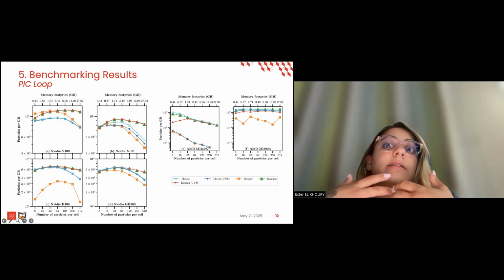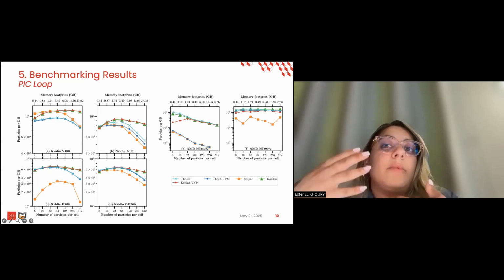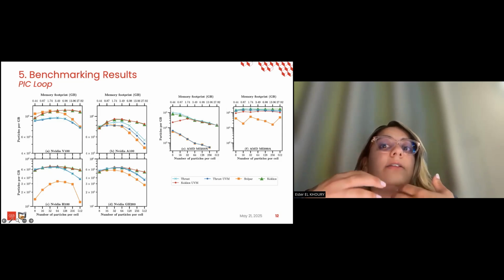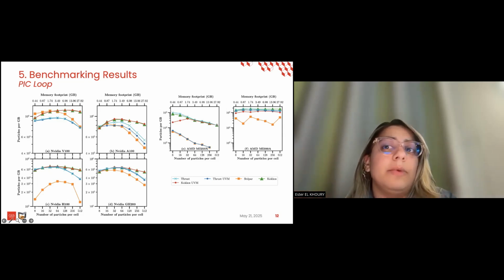This can lead us to say that on MI250X, the UVM handling is poor for Thrust and STD-PAR models because Kokkos UVM didn't show the same problem.